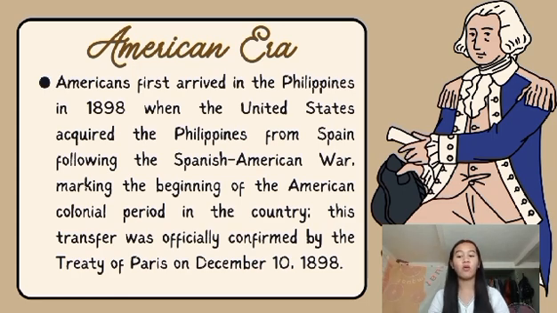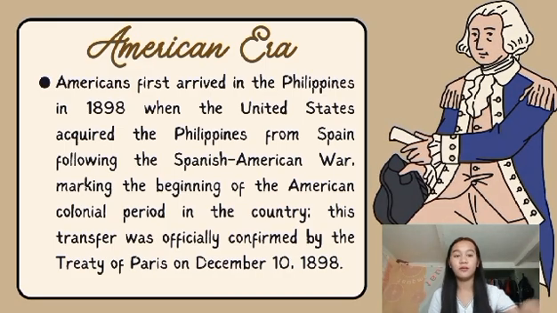This transfer of control was officially confirmed by the Treaty of Paris, signed on December 10, 1898. This event marked the start of the American colonial period in the Philippines, where the US began to establish political and economic control over the islands.